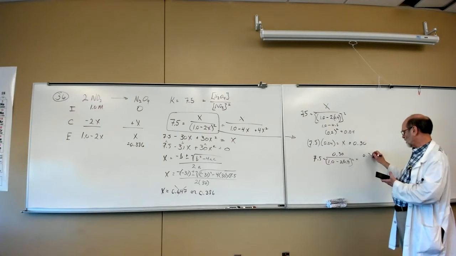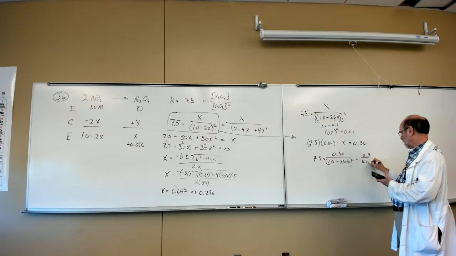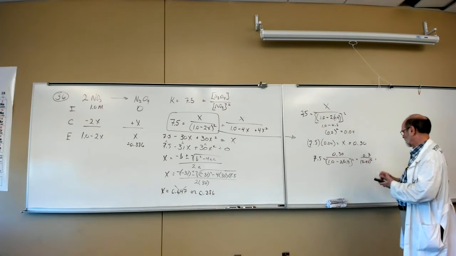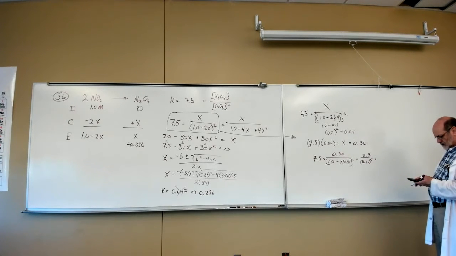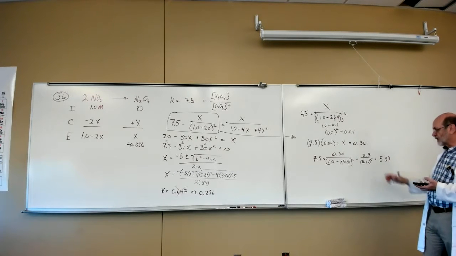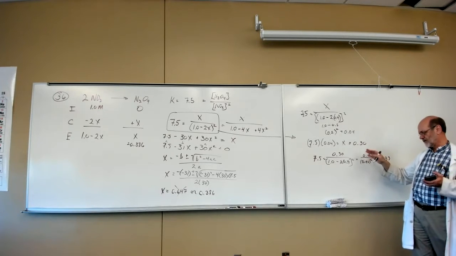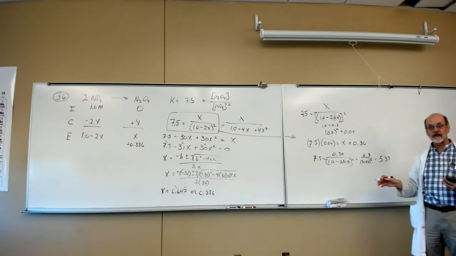So it's 0.3, oh, it's squared, excuse me, 0.4 squared. And then divide that into 0.3 is 5.3. Okay, so that's definitely greater, that's outside the 5%.